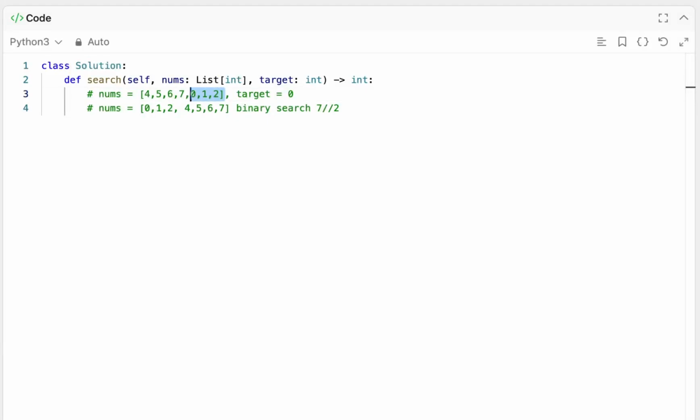Let me just take this array here. Let's say I could repeat it, right? This way. And what we want to know is if the target is in there or not, because we'll be returning the index of the target or -1 if it is not there.